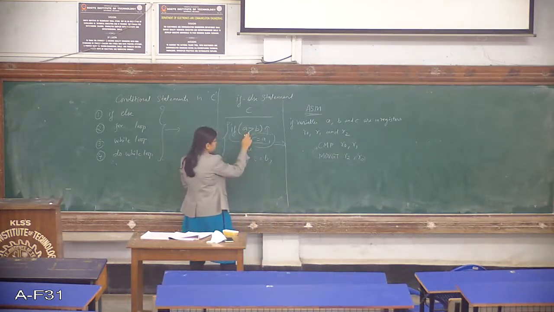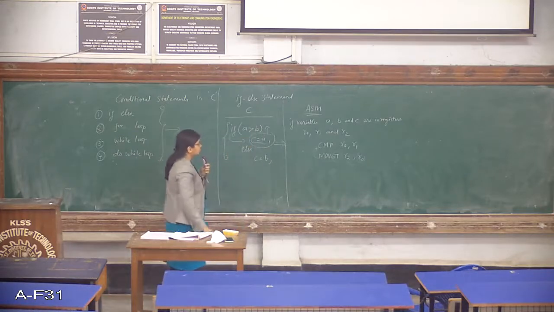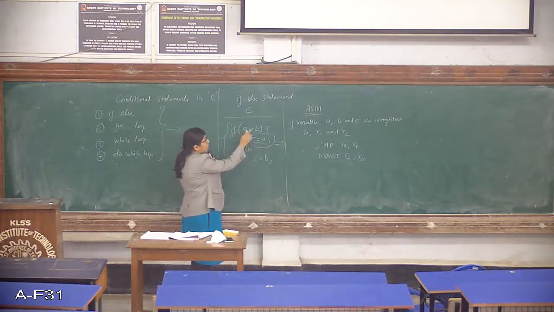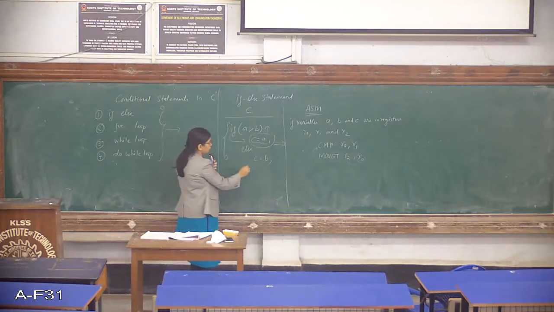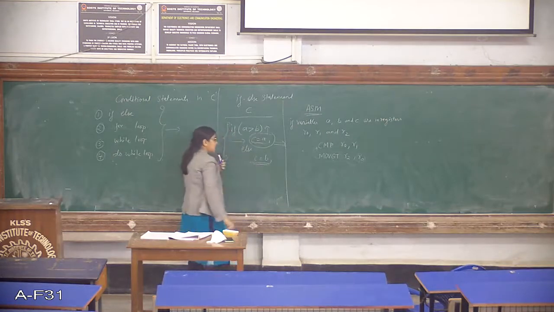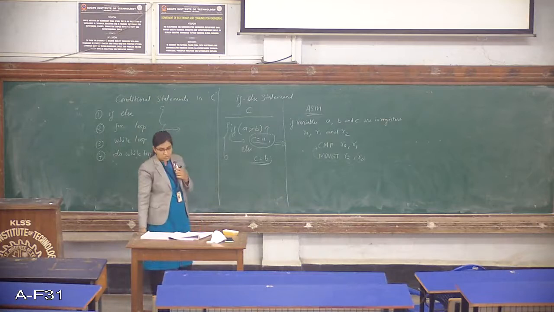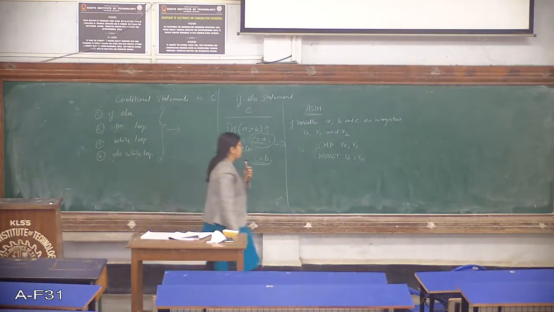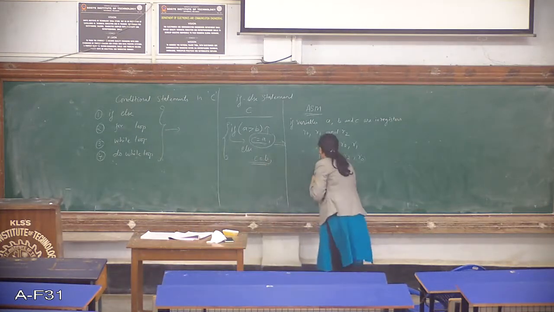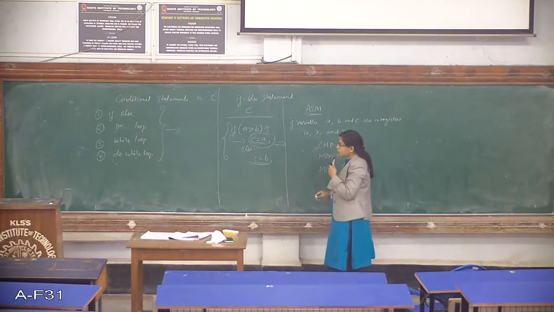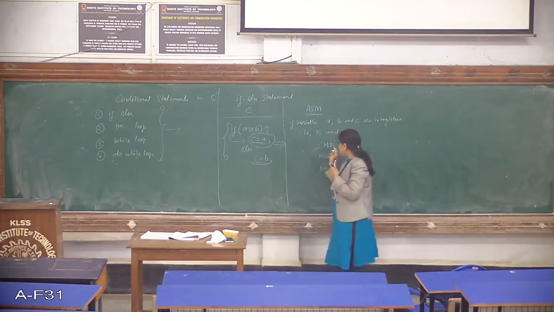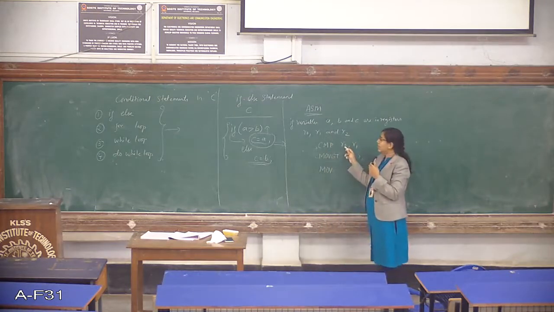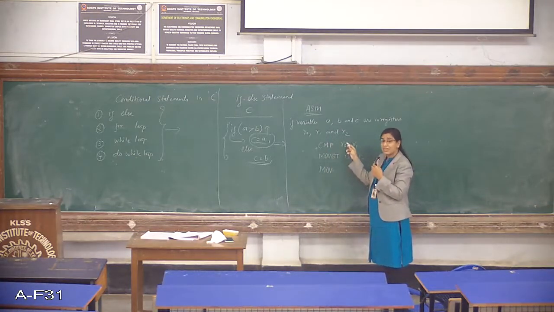What if the condition was false? That means if A was less than or equal to B, what happens? You are going to assign B to C. So I'll be using the move instruction again. Now I need to check whether the comparison showed the less than or equal condition.